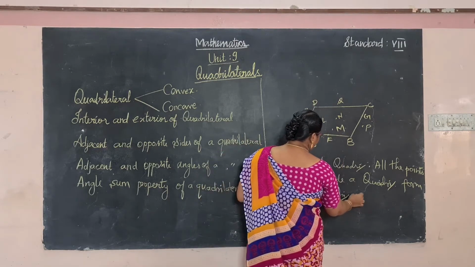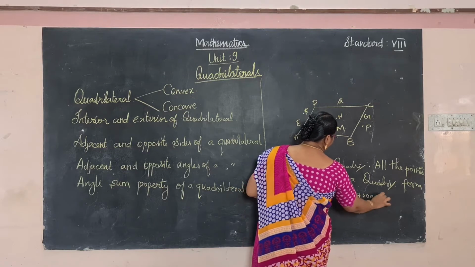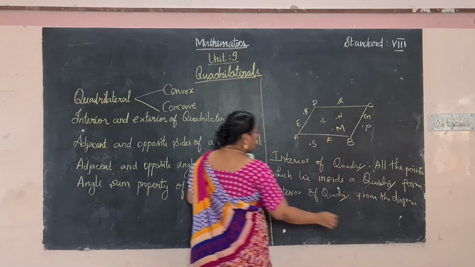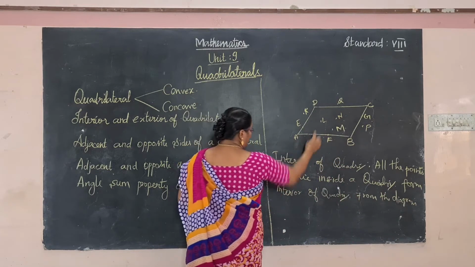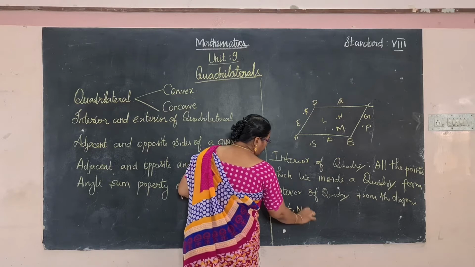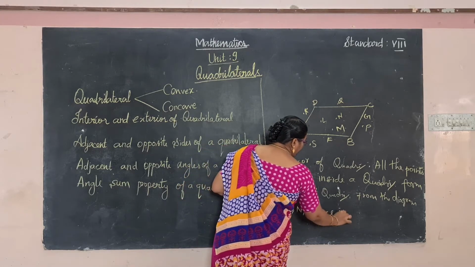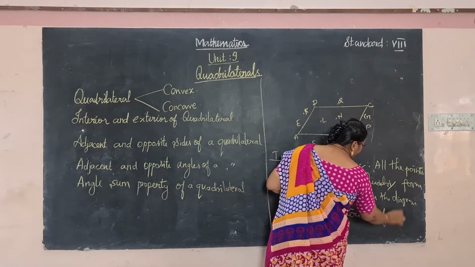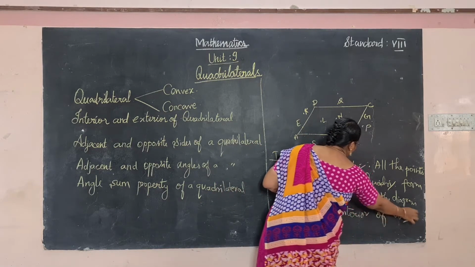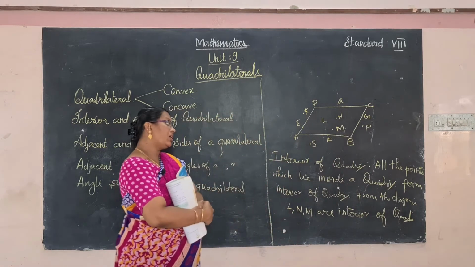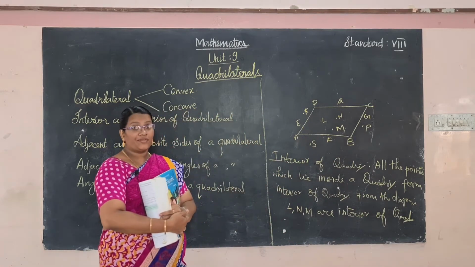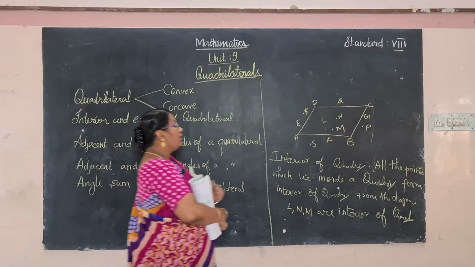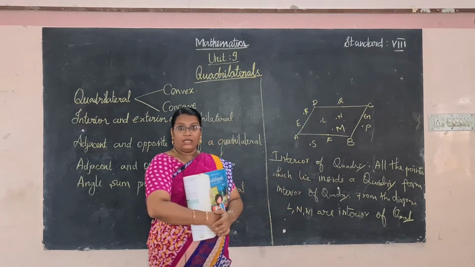Example from the diagram: which are the interior points? L, N, M are in the interior of the quadrilateral. So interior of the quadrilateral means all the points which lie inside of the quadrilateral. From this diagram, L, N, M are called the interior of the quadrilateral.